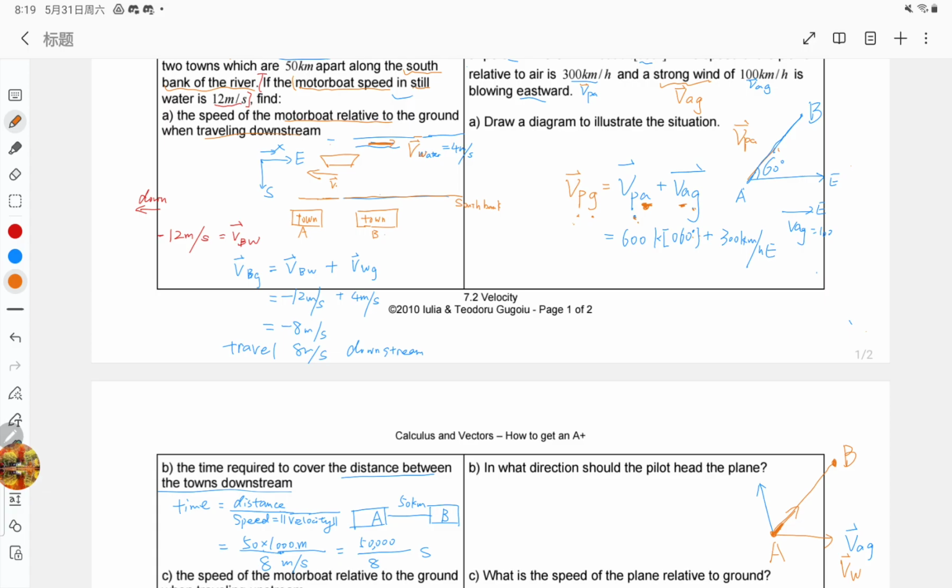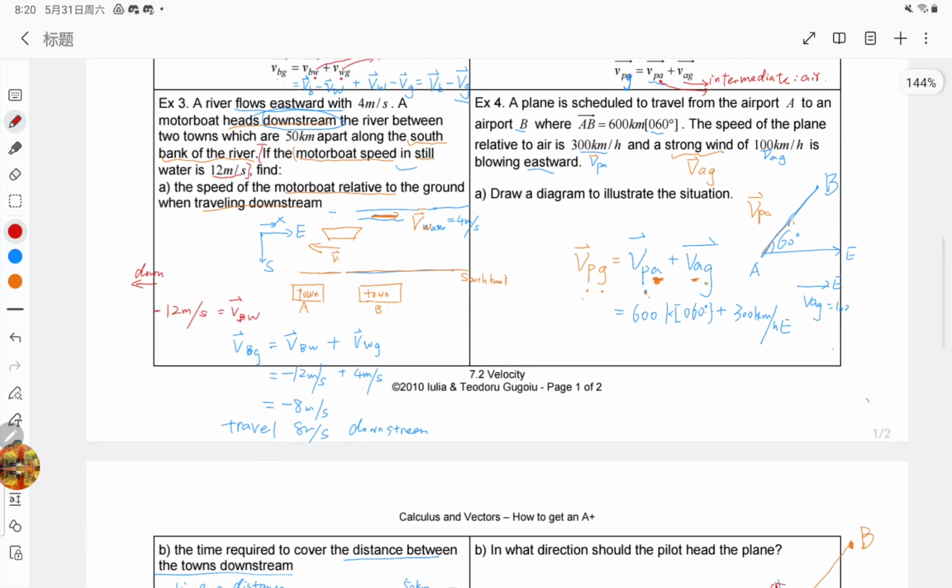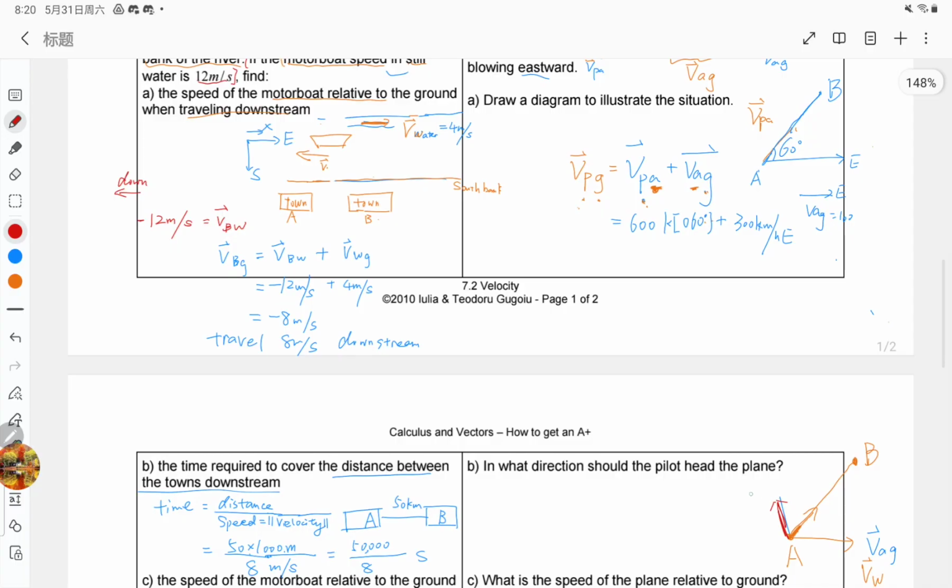However, in order to travel in this way, because it's affected by the wind, you need to originally head somewhere toward here, such that after the wind blowing east, the result is going this way, right? So the plane relative to the air, you should go somewhere like this, right?